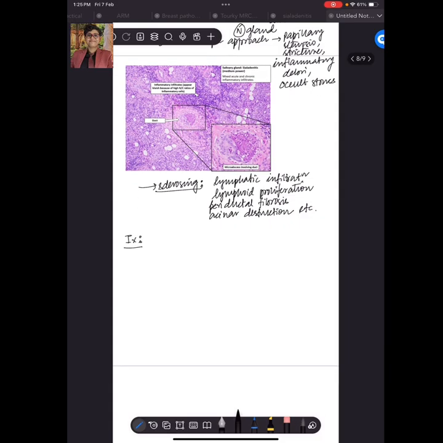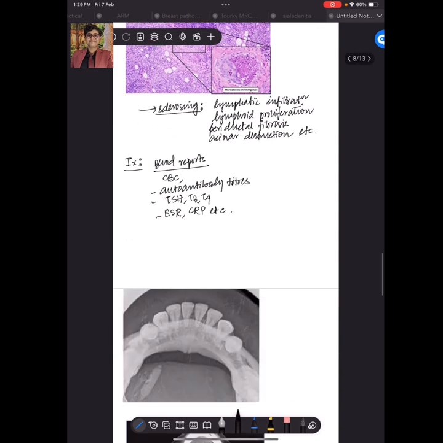So initial investigation will include blood investigations, all common blood reports like CBC and counts, etc. But the important ones, which are specific for this disease, are mainly the autoantibody titers, then thyroid levels, ESR, CRP, etc. The more important part is the radiological investigations.